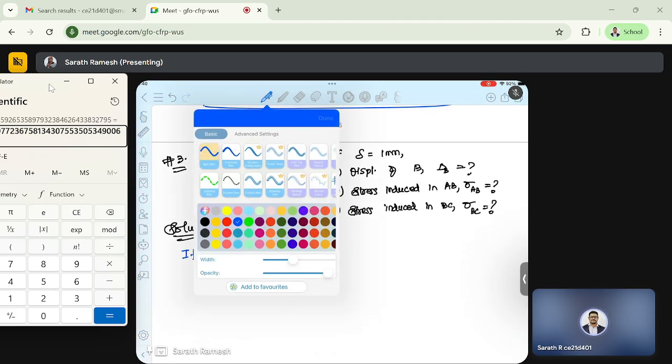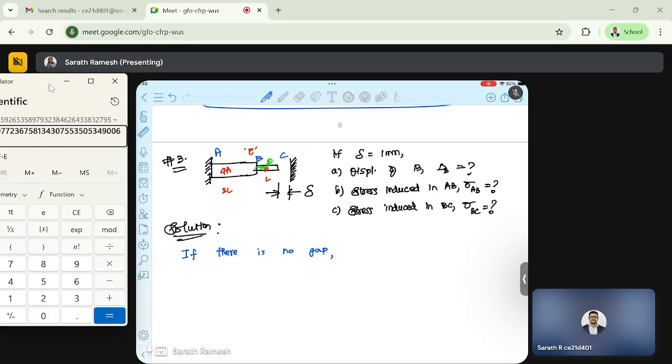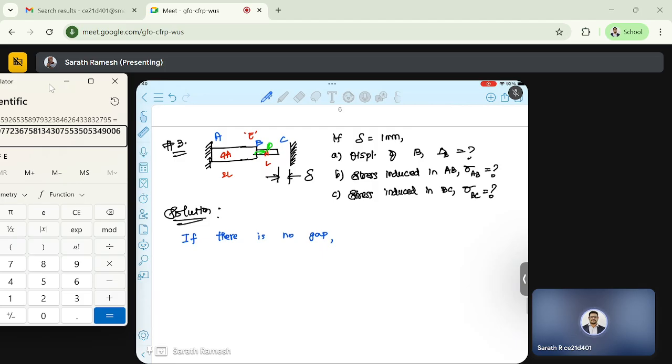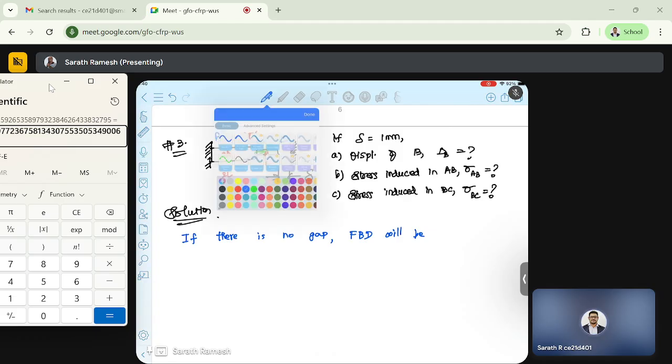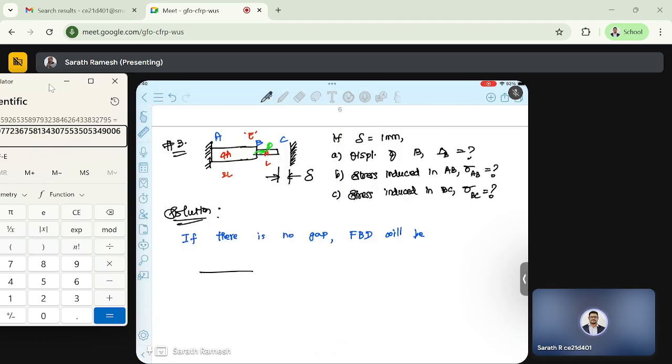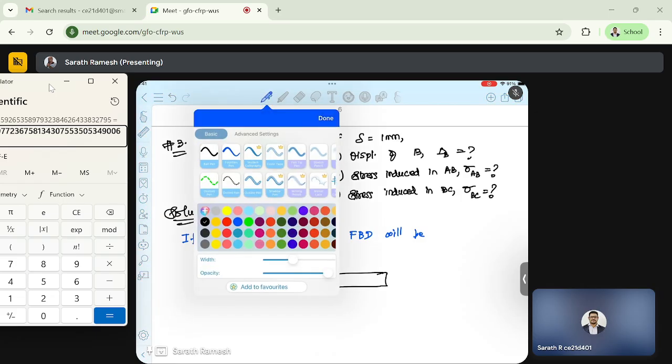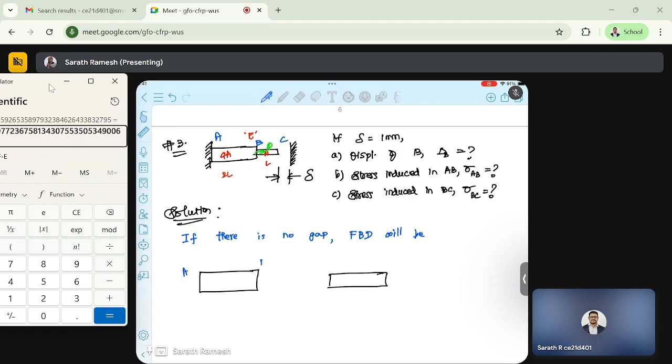If there is no gap, what happens? If there is no gap, then the free body diagram will be as follows. So here there will be AB, there will be BC. So this is equal to A, B, B, C.